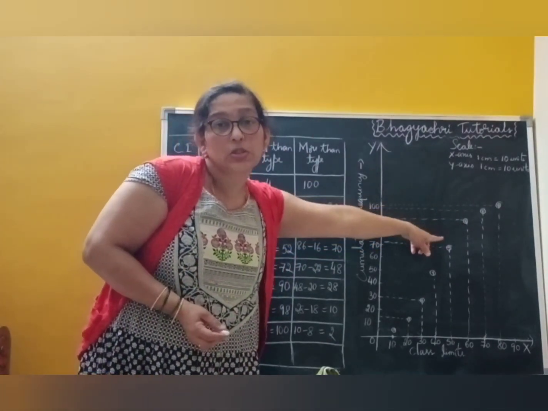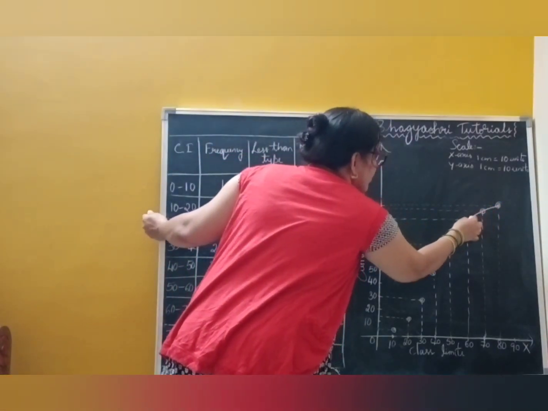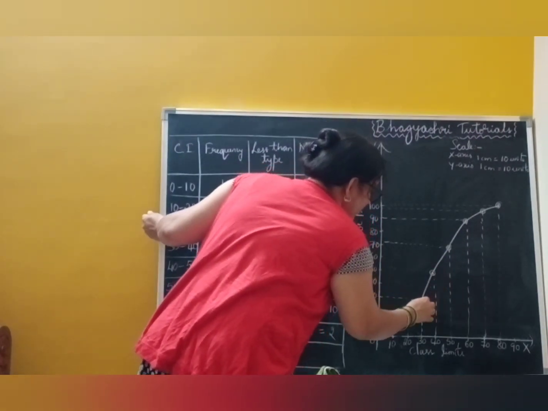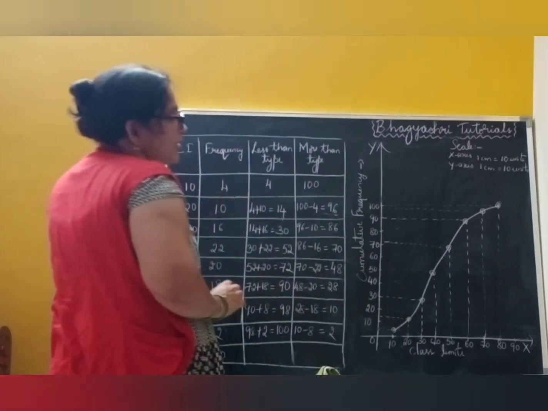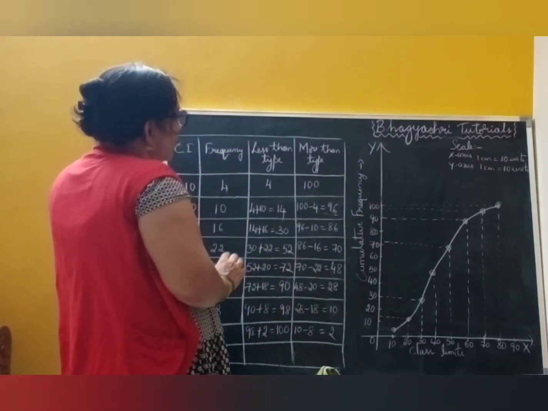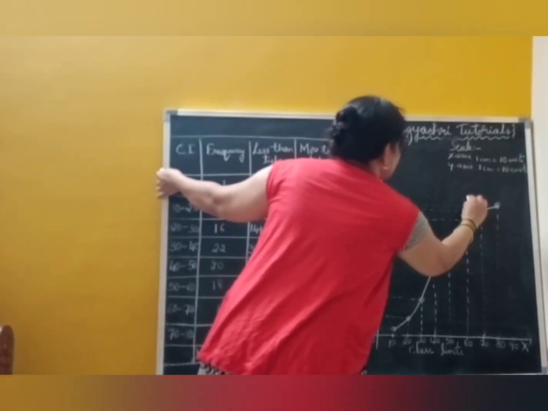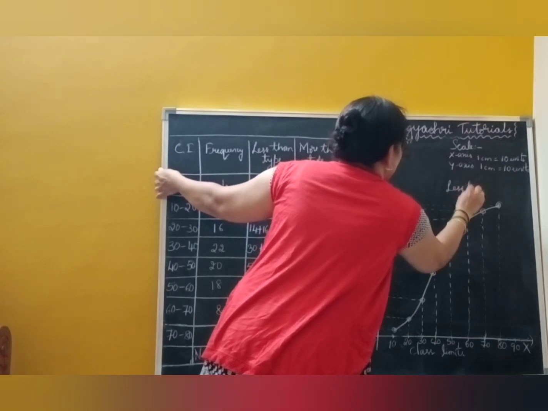We are not supposed to use the scale. So let us join these points. This is a graph of cumulative frequency, less than type.